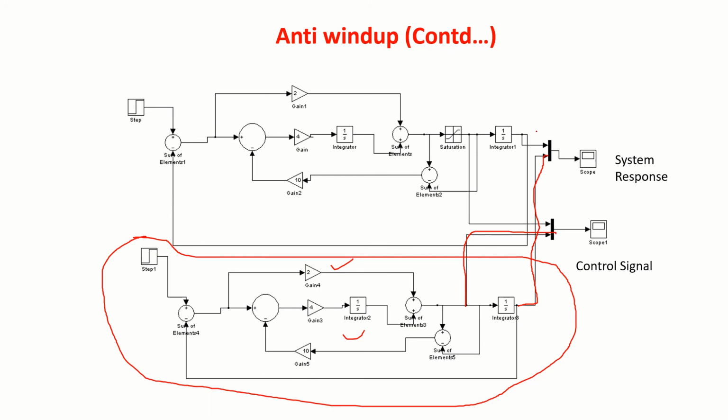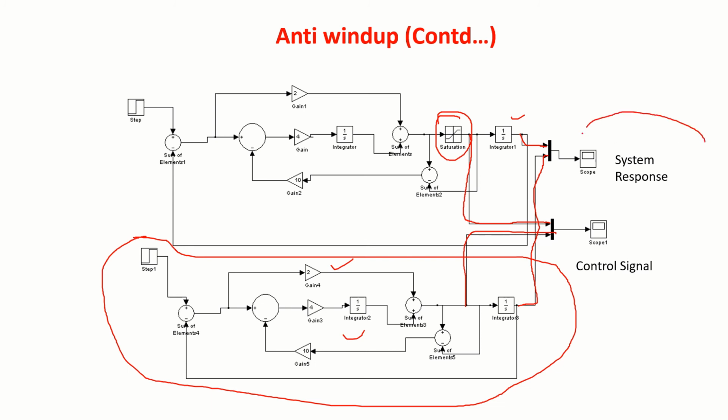This is the same system with the saturation brought in. That means once the error builds up, it will switch off the integrator. Again, when it comes back to the on position, it switches on. So this is the plan. I have given the final controller output here, and the plant output here.